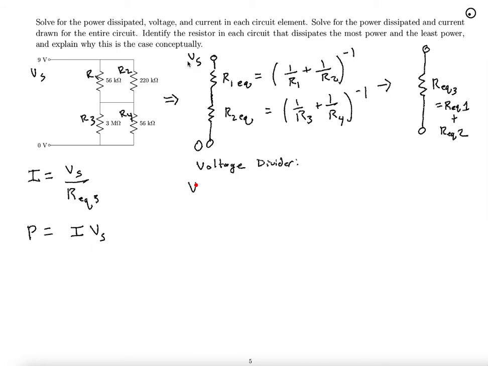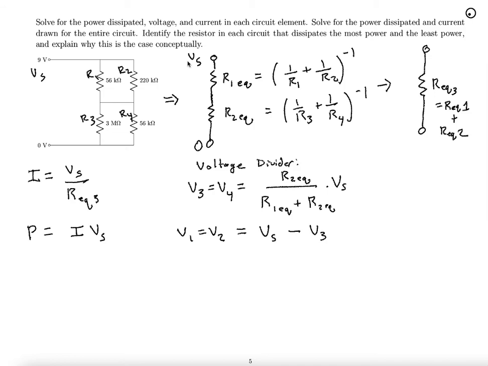So the voltage across 3, which is the same as the voltage across 4, we use the voltage divider equation, which says it's the bottom R2 equivalent over R1 equivalent plus R2 equivalent times the supply voltage. So that gives us V3 and V4. V1 is equal to V2 and has to be equal to the supply voltage minus, say, V3 or V4.